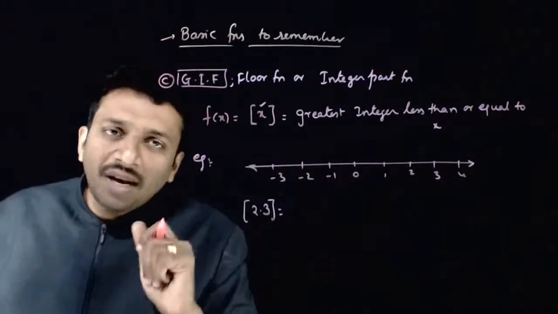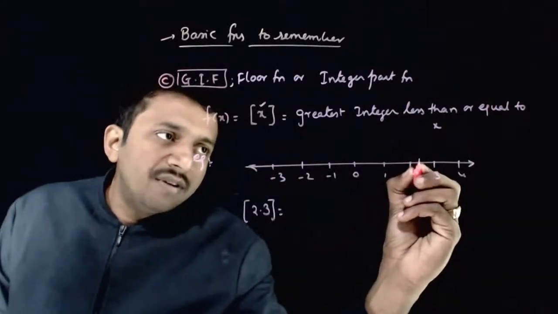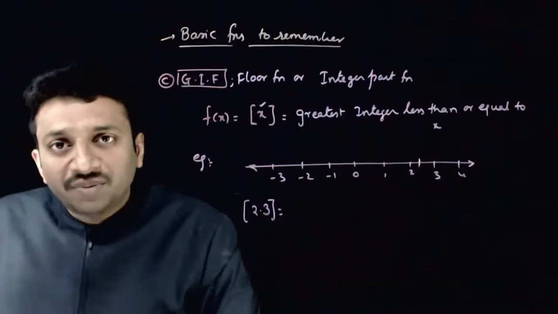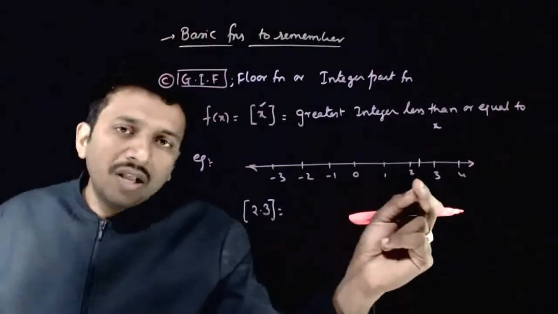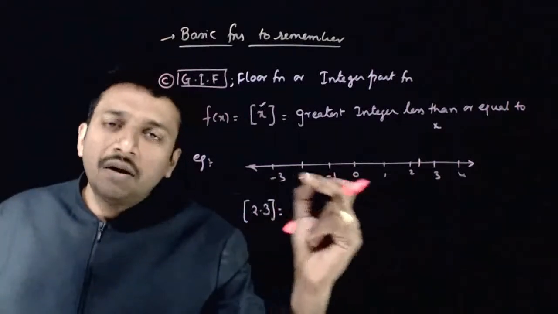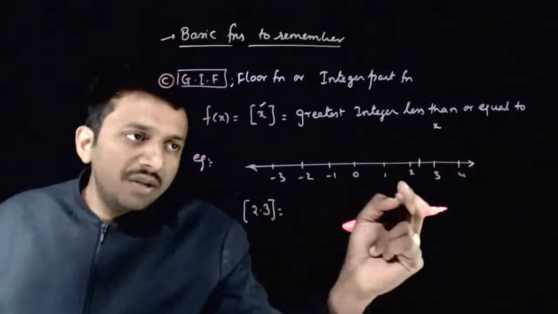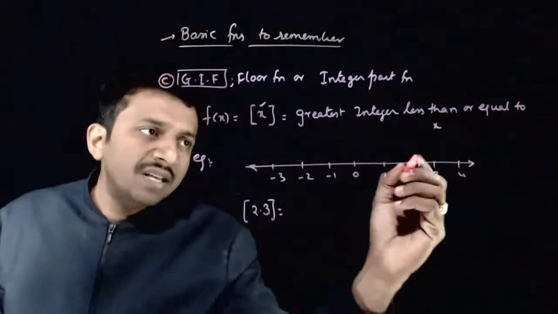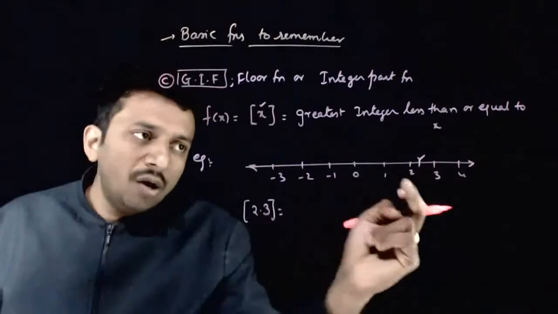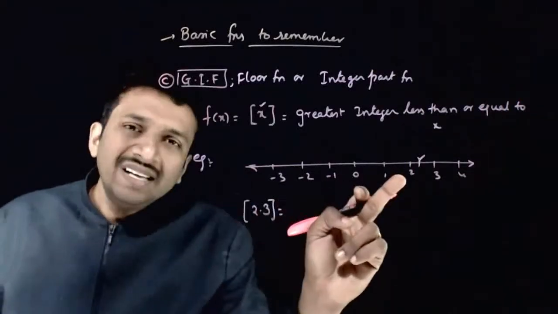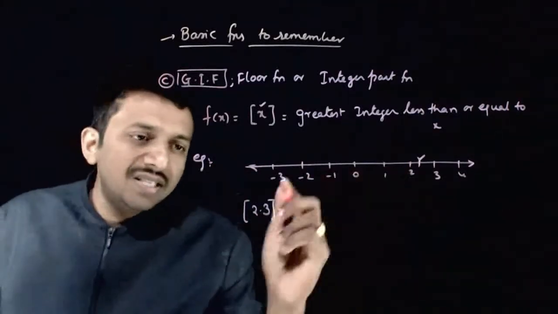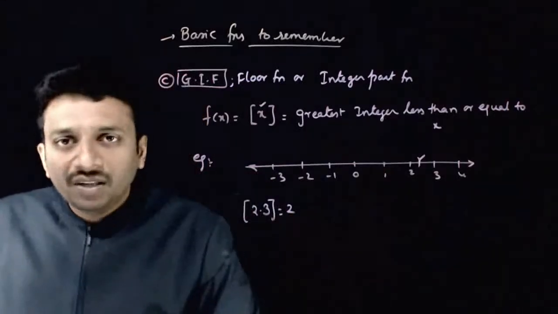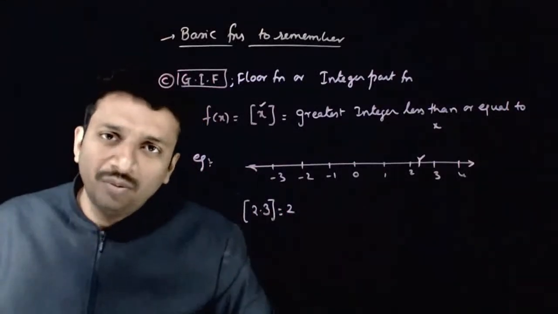On the real number line, 2.3 lies between 2 and 3. Now consider all the integers less than or equal to 2.3. We get all the integers on the left side of this number, and out of all these integers, the greatest integer is 2. So integer part of 2.3 is 2.